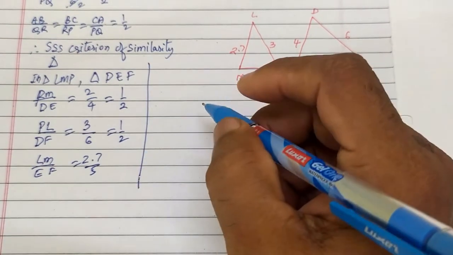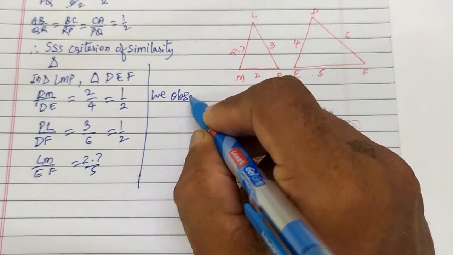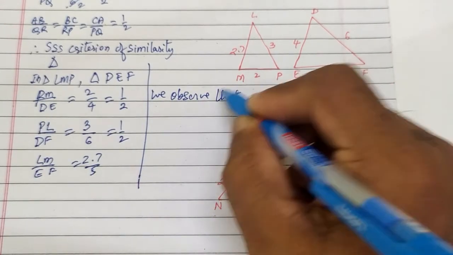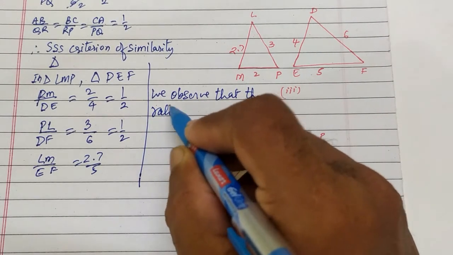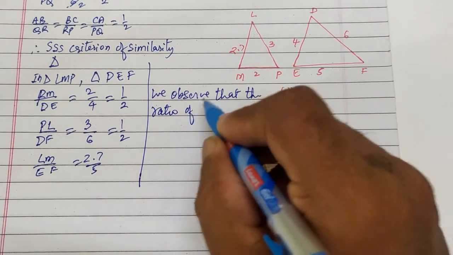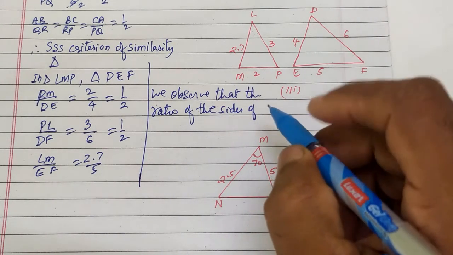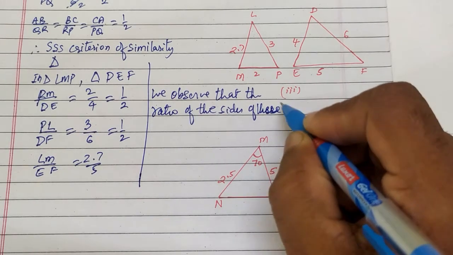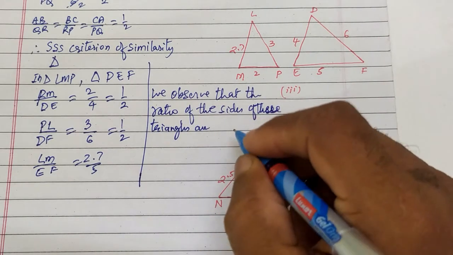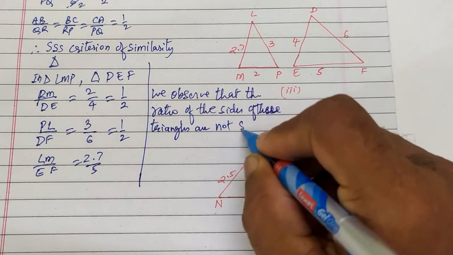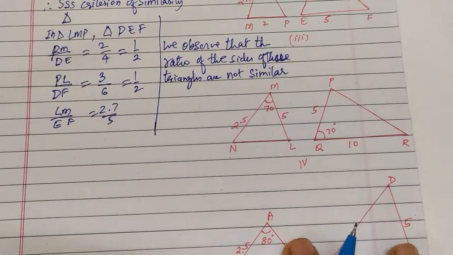We conclude, we observe that the ratio of the sides of these triangles are not similar. So these two triangles are not similar. We'll go on to the next one.